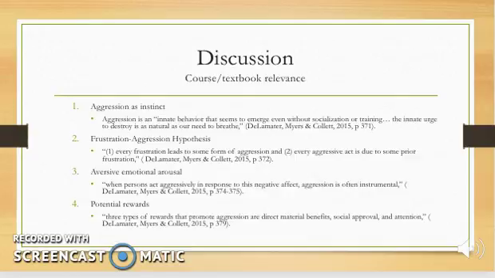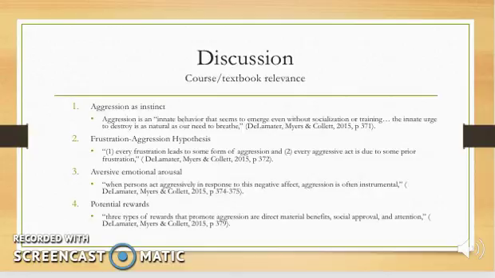So individuals are already born with this need to be aggressive, with this urge to destroy. The textbook explains that this urge is as natural as our need to breathe. So we come into this world already knowing how to be aggressive. We don't need to socialize or have any training on how to be aggressive.